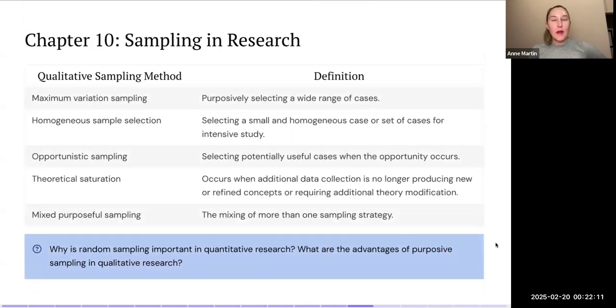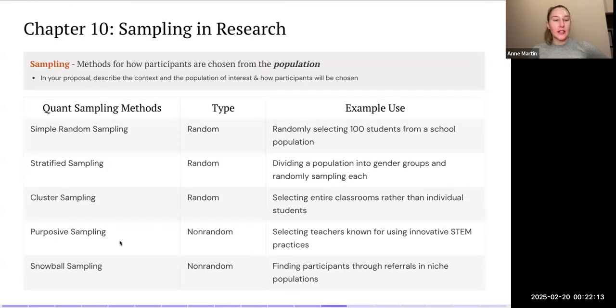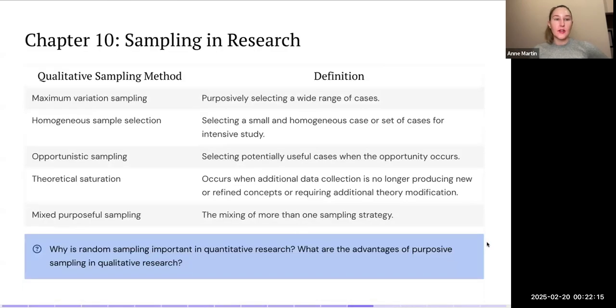Now, in qualitative methods, of course, these last two are common in qualitative research, but there are many other examples listed in the chapter as well. So maximum variation, if you want to have a wide variety, or the opposite, you could have a homogeneous group sample.